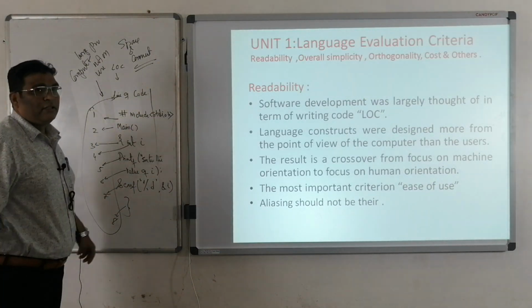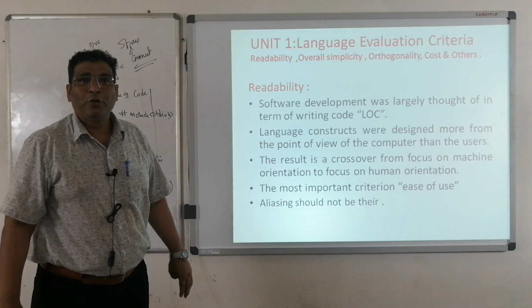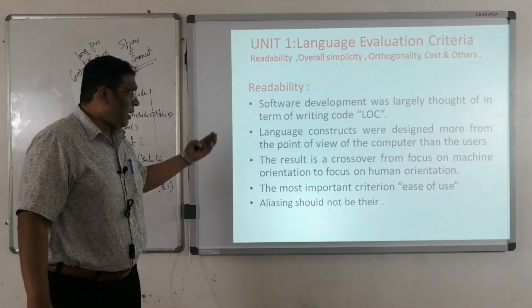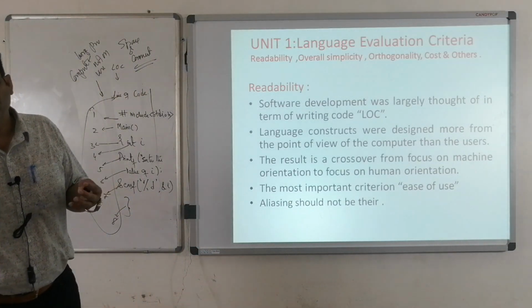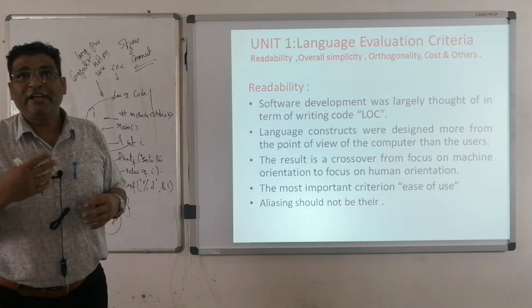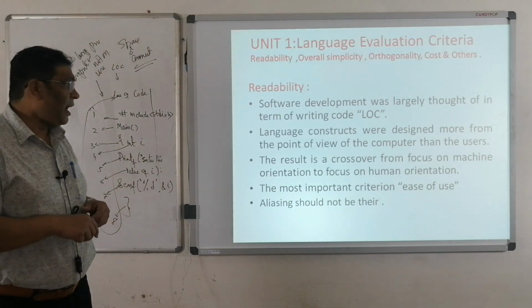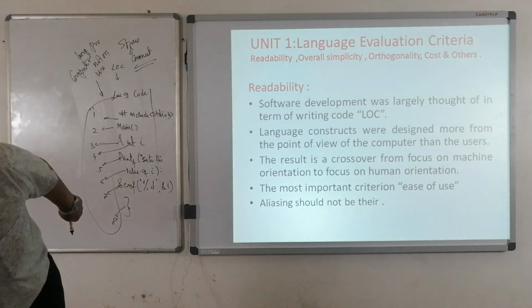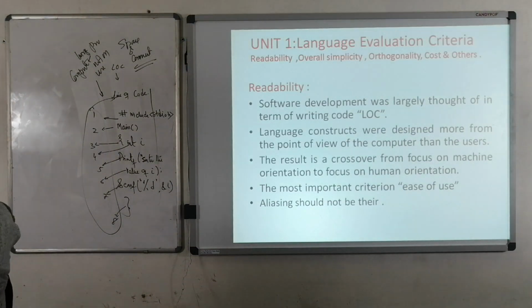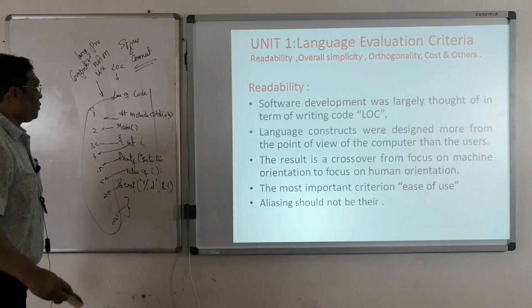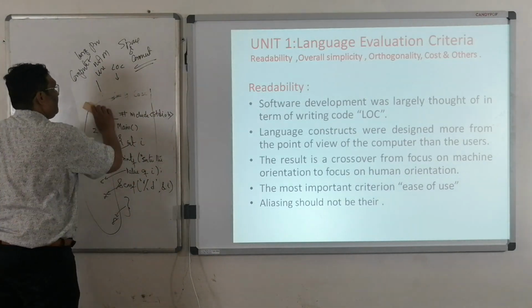The first point is that software should go through line of code. Before, it was computer based; later it became human oriented, and it should be easy to use. These are the few points we cover on readability.